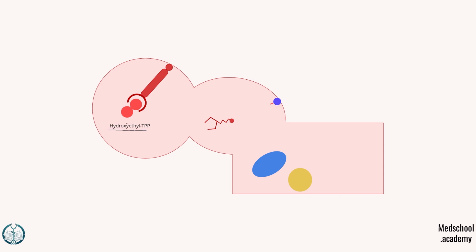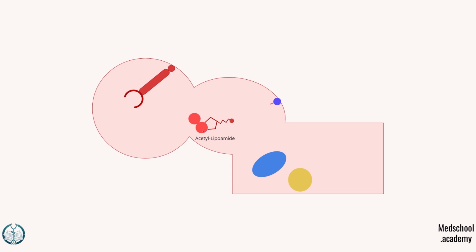Next, the TPP then transfers it to E2, and here it attaches to lipoic acid, and specifically this is known as the thiol group. It attaches to the thiol group, and then pay attention to the TPP. It goes back to its original place, and now it's ready to take in more pyruvate molecules.